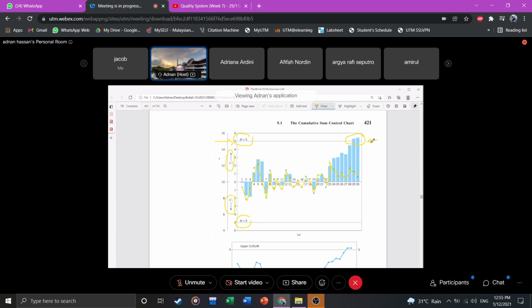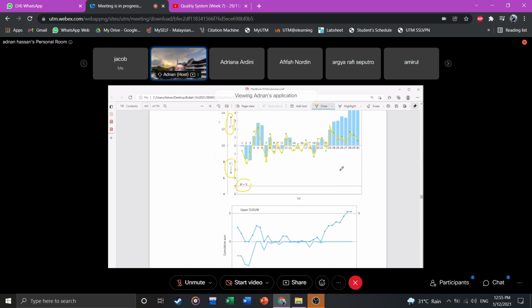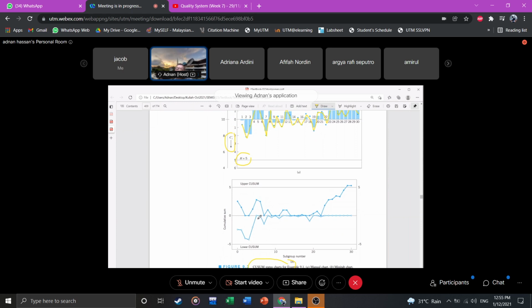So this is where the sensitivity of Q-sum is very important. The second chart here is showing the C plus, and this is showing the C minus.